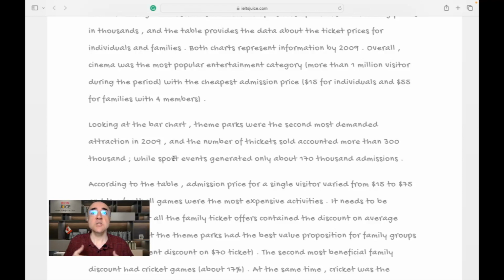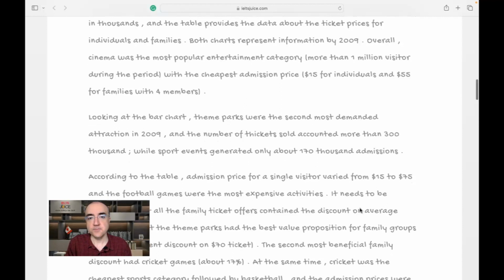So it becomes sports event, sports equipment. So the word is sports, and then you add another noun. So sports events generated only about 170,000 admissions.